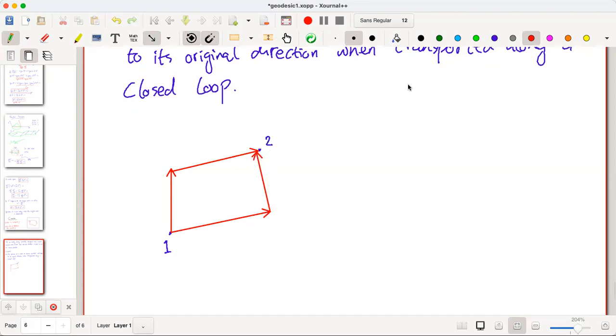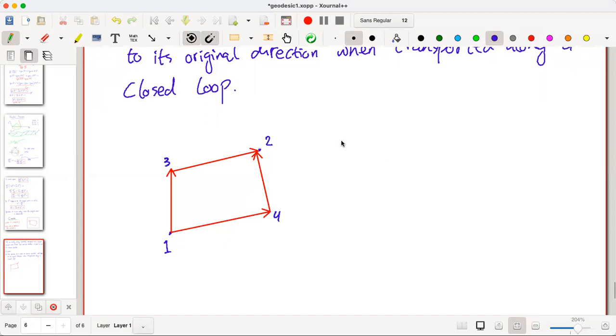Okay, so in that sense, I can go from one to two by choosing these two paths. Let's call this point 3, sorry, this is point 3, this is point 4.